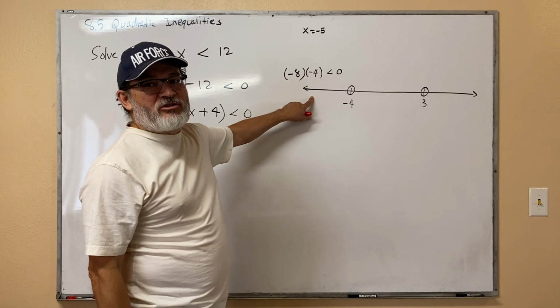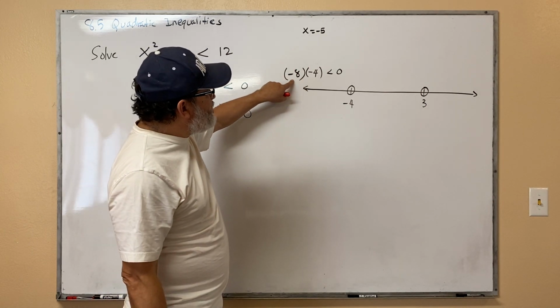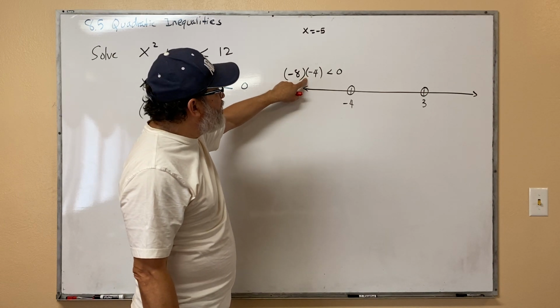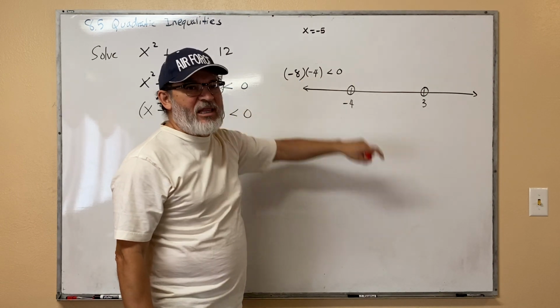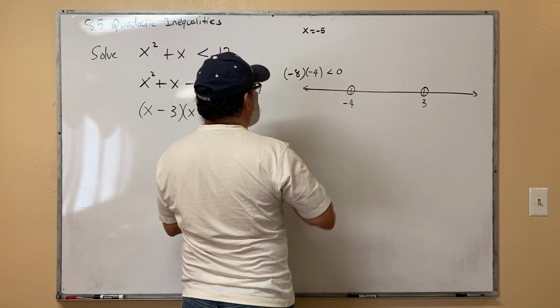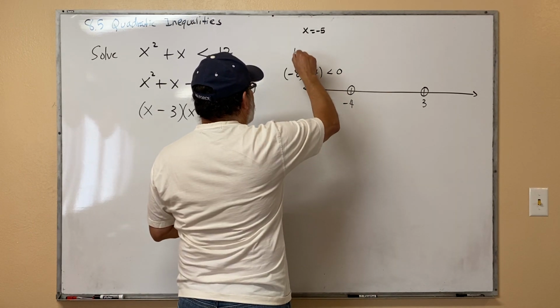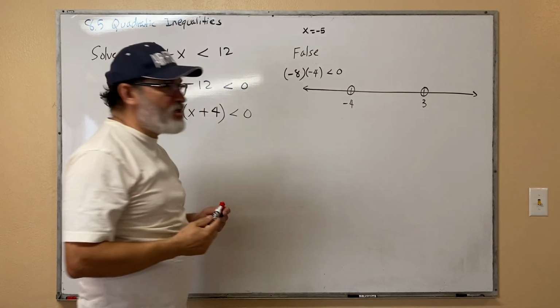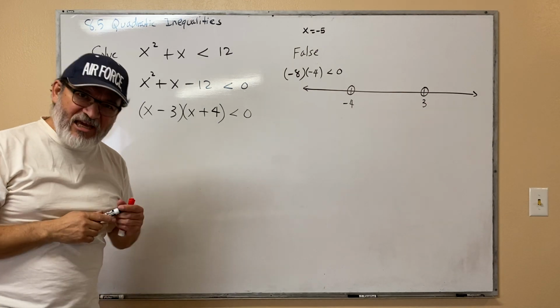Is this true or false? A negative times a negative is positive. Is a positive less than 0? That's false. So you don't shade that region. You do not shade that region.